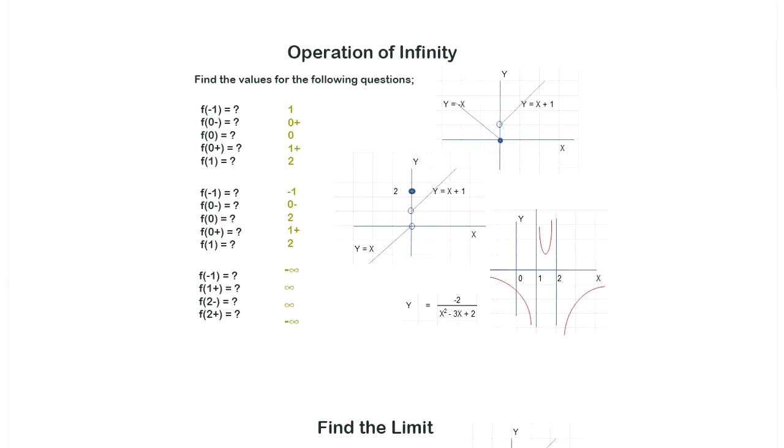Operation of infinity continues. In the function, so what's happened? Let's look at this function. Here, the black dot includes this point. The white dot is excluded. So this line is defined up to where?